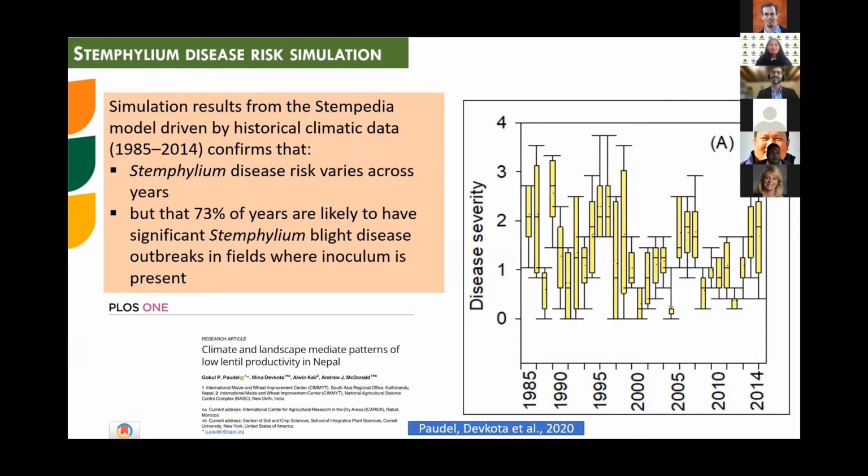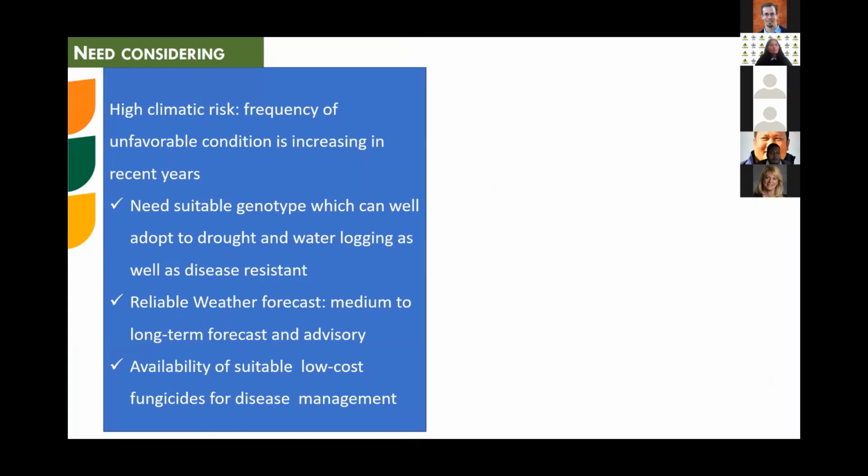Okay, I am almost done. I'm not going to deal much with the stem phylum problem that's coming; Dr. Moyne will be explaining that, I guess. There is a very high risk of stem phylum blight for lentil. And what we need to consider is that there is very high climatic risk, and the frequency of unfavorable conditions is increasing in recent years.